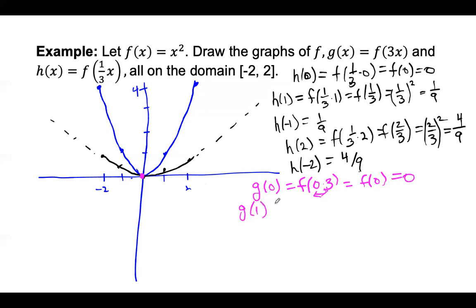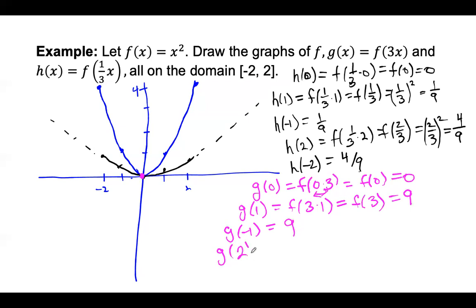G of 1 is going to be f of 3 times 1. So we're going to get f of 3. This time, 3 plugged into x squared, we're going to get 9. G of -1 is also going to be 9 due to symmetry.